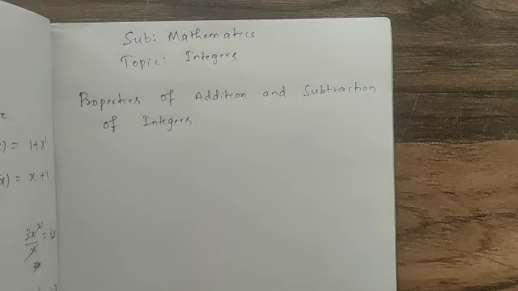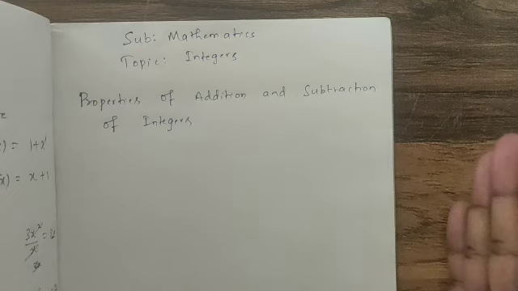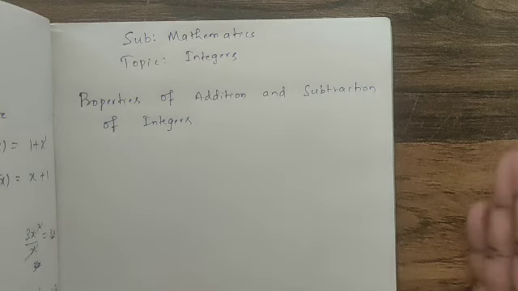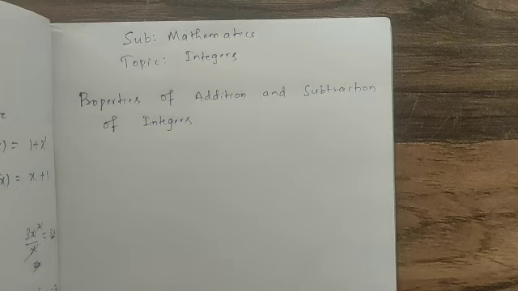Rational numbers we are going to study in the next classes. After the integers, we have the rational number system. After the rational number system, we have the real number system. After the real number system, we have the complex number system. So these number systems are going to be extended as you go to class 8, class 9, class 10, then higher classes.